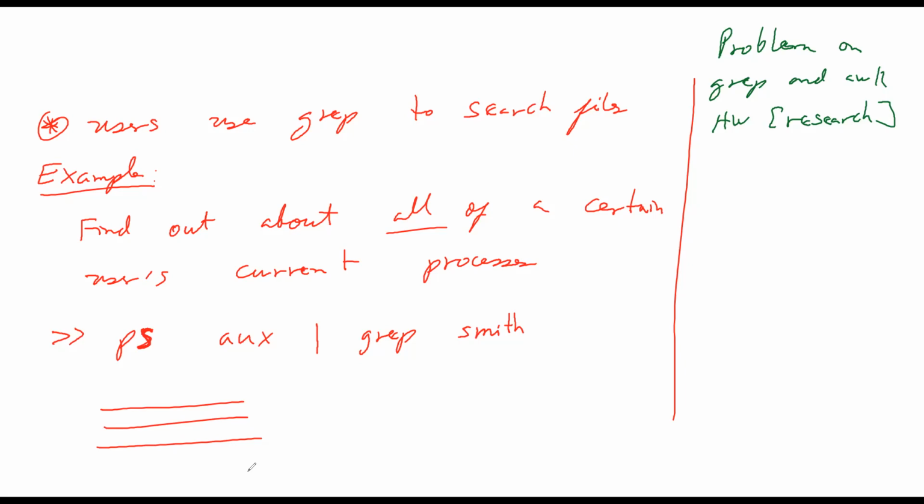So this would display processes that include the word Smith. Does that make sense, guys? Yeah, it makes sense. It's pretty easy, right? This is the type of thing, obviously, that I will give you a problem related to, and then you will do something like this, okay? You will do something like that.